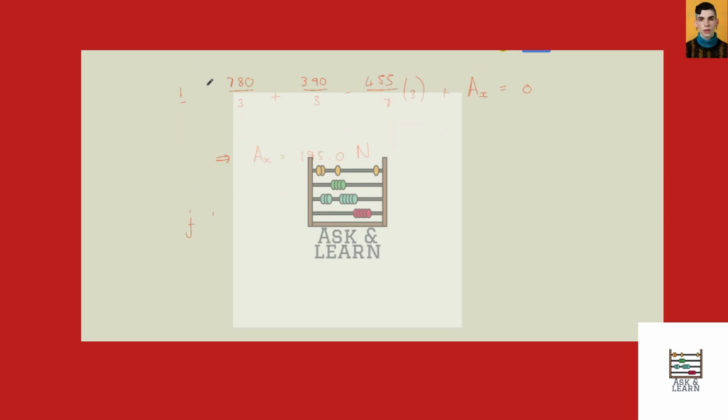Now let's take J coefficients, and we get minus 780 over 3 times 2 minus 390 over 3 times 2 minus 455 over 7 times 6 plus the y component of the reaction AY must equal 0.